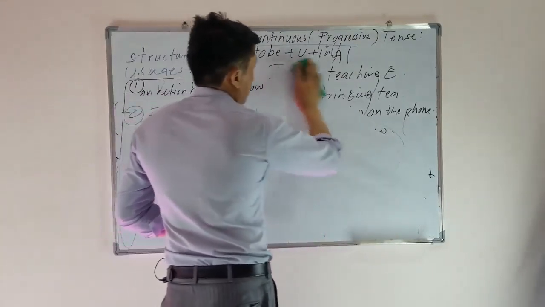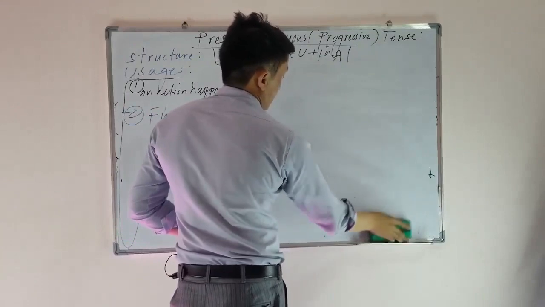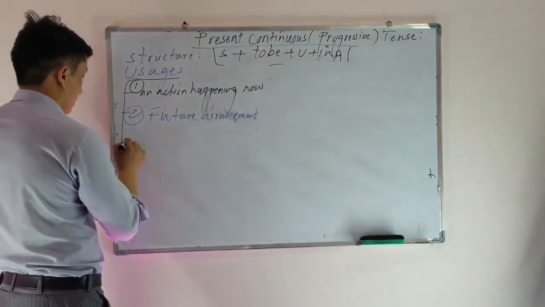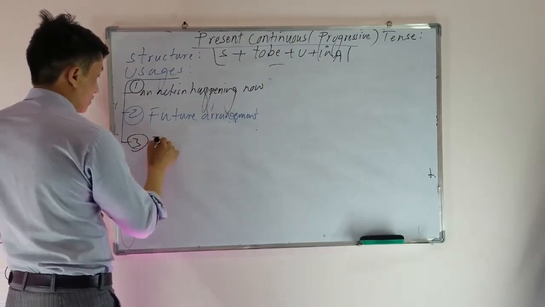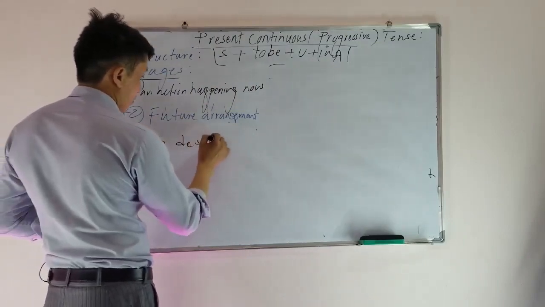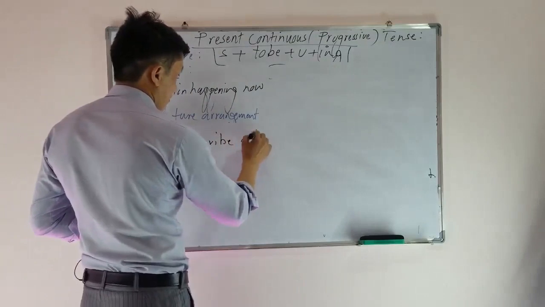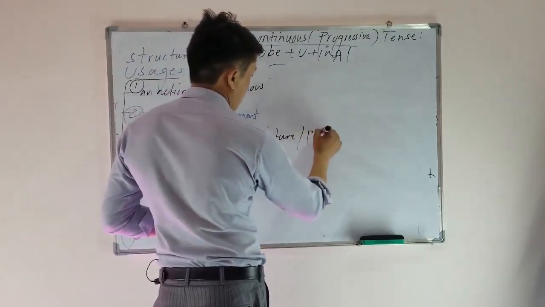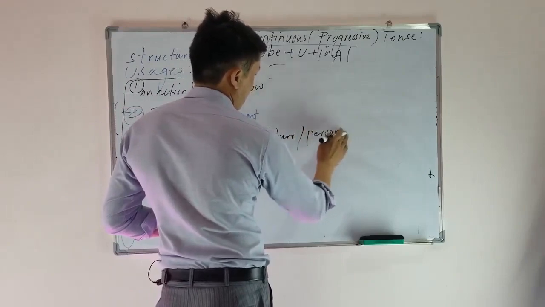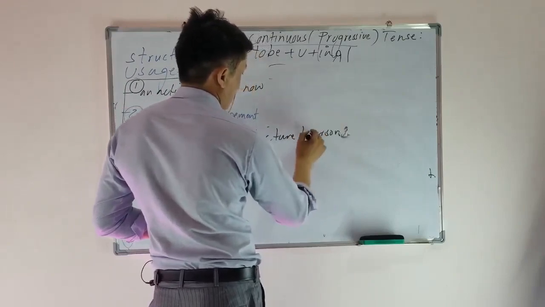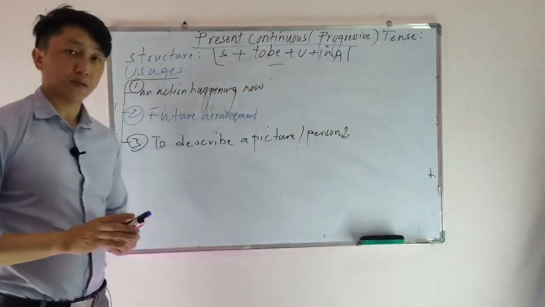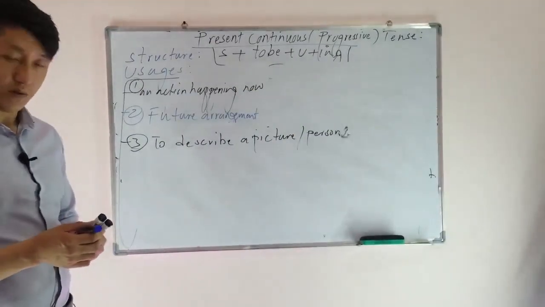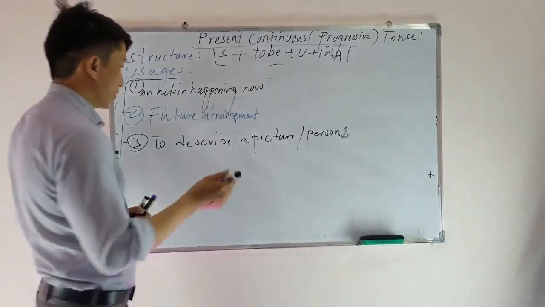Now, the other usage of present continuous tense, number 3, is to describe. When we want to describe a picture or a person, we use present continuous tense. For example, if there is a photograph and you want to describe it, we have to use present continuous tense.